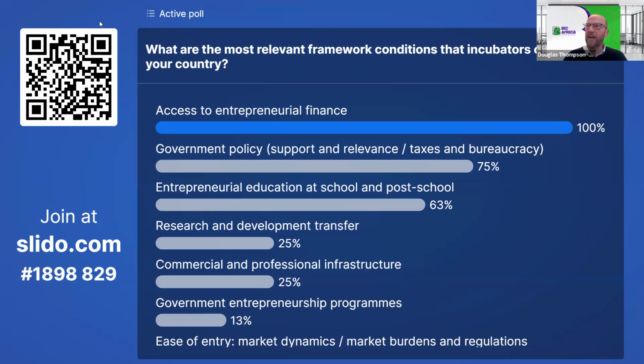The importance of government policies is clear as well, and slightly less so, but still relevant, is R&D transfer. We're very interested in working with incubators and organizations, and have a good level of interest in product development and R&D transfer. Thank you so much for that.